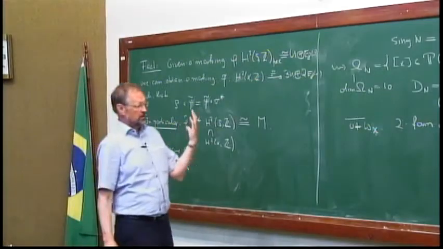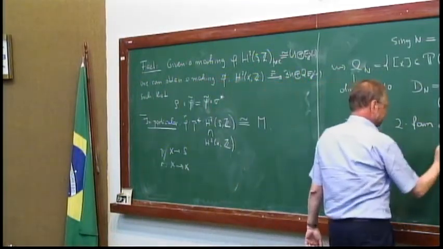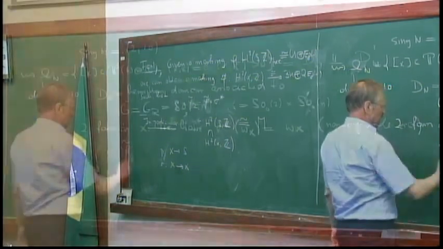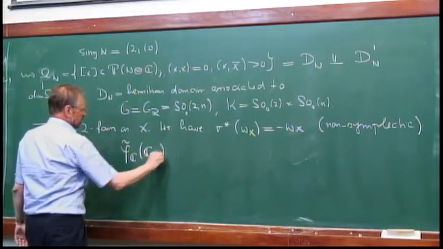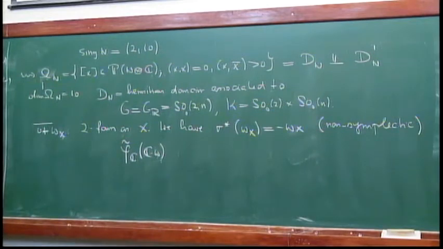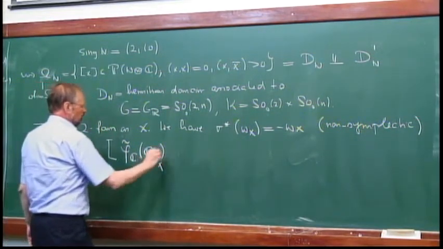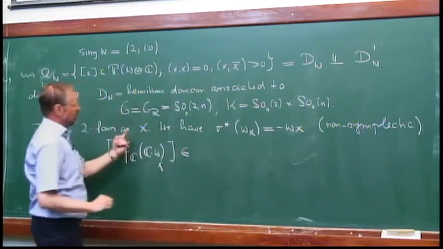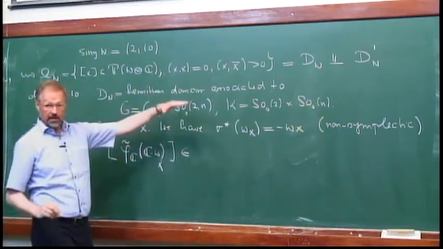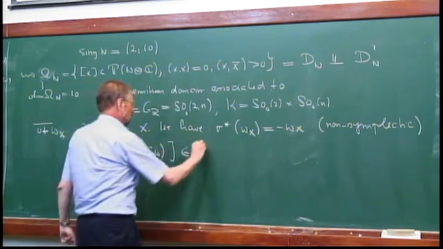So now if I look at my marking, I extend it to C. Let's see what it does to that point given by omega X. Then now this becomes a point in omega N, because this is in the -1 eigenspace.